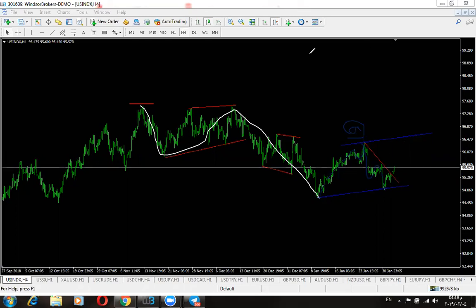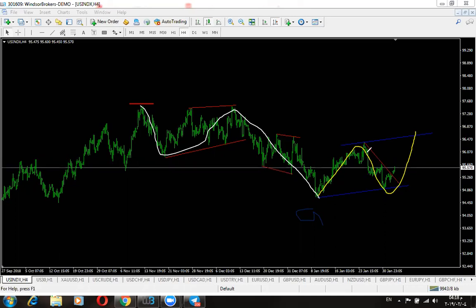So the possibilities of this wave, where we count all this wave movement to the downside as wave A, the possibilities of this wave to the upside in the form of A, B, C. So we have 3 legs for this correction.